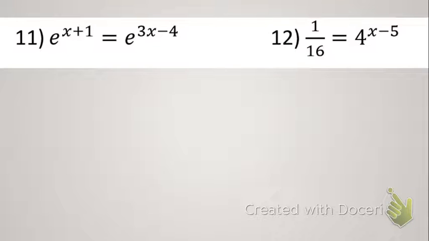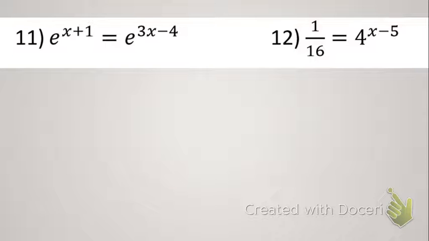Okay, let's go ahead and look at numbers 11 and 12. 11 is actually pretty basic because it already has a common base. So go ahead and solve number 11.